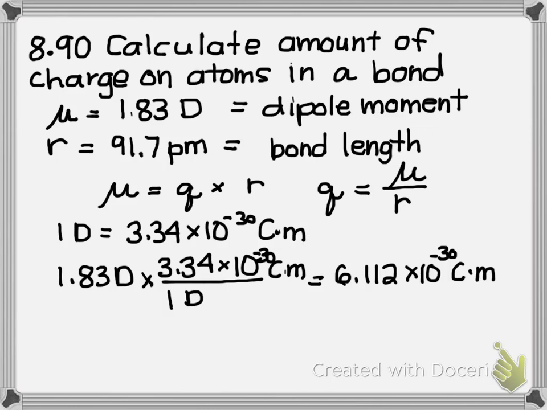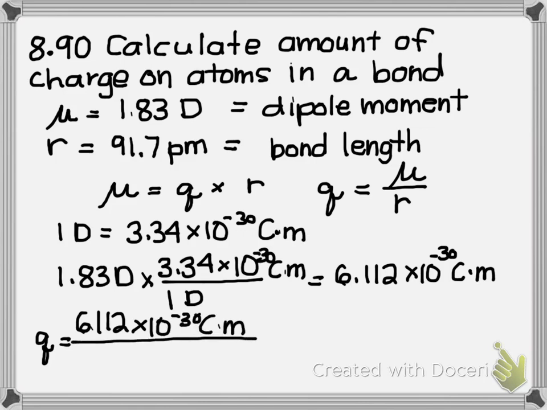Okay, so now I think we're ready to plug in for the charge. So Q would equal, we'll put the dipole moment on the top, which we said is 6.112 times 10 to the negative 30 coulomb meters. And then we'll put the bond length on the bottom, which is 91.7.